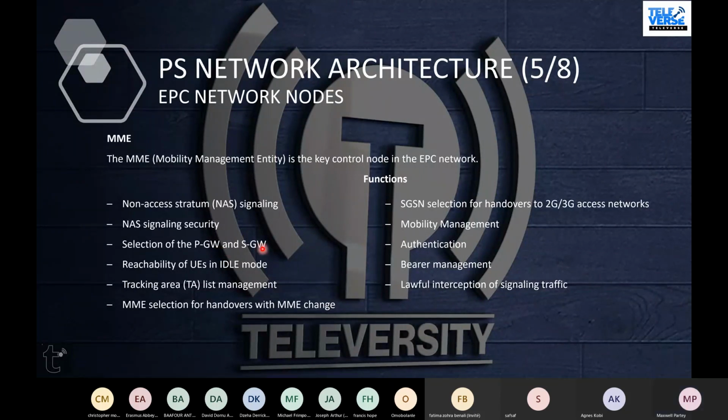Now, how does the subscriber know which of these nodes to talk to? That is handled by the MME, right? Now, the next function of the MME is the reachability of the UE in idle mode.